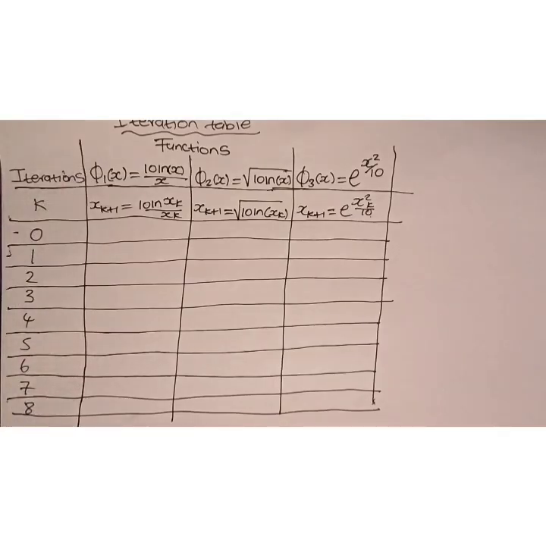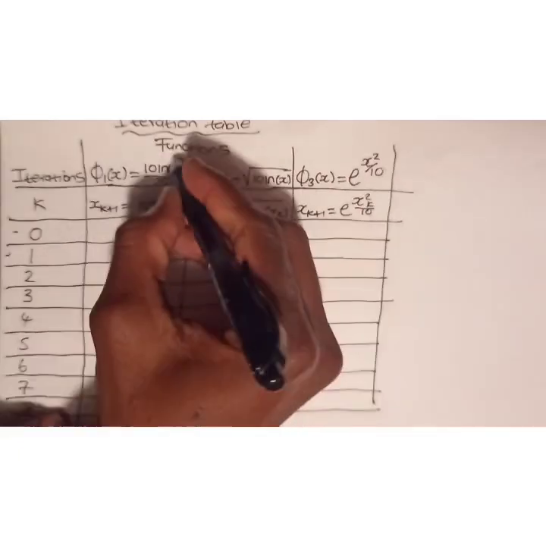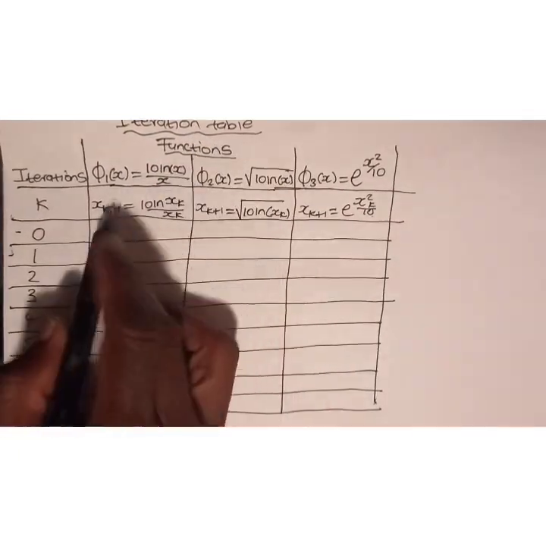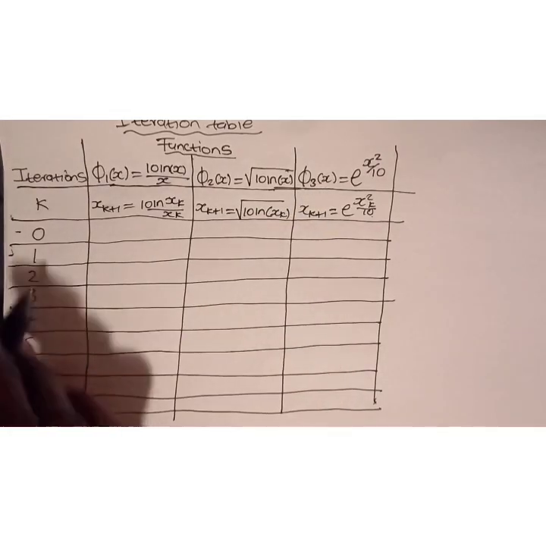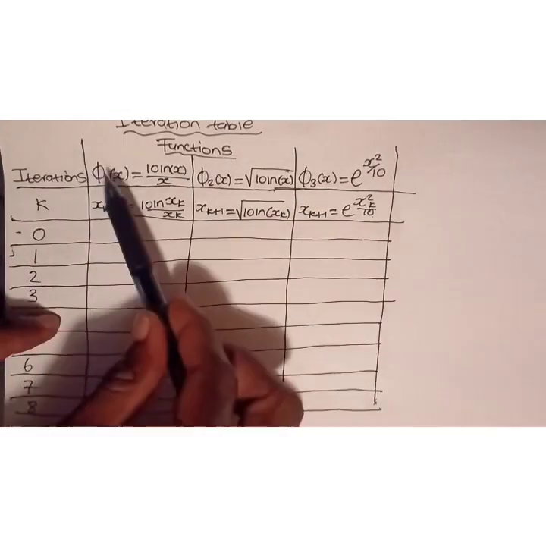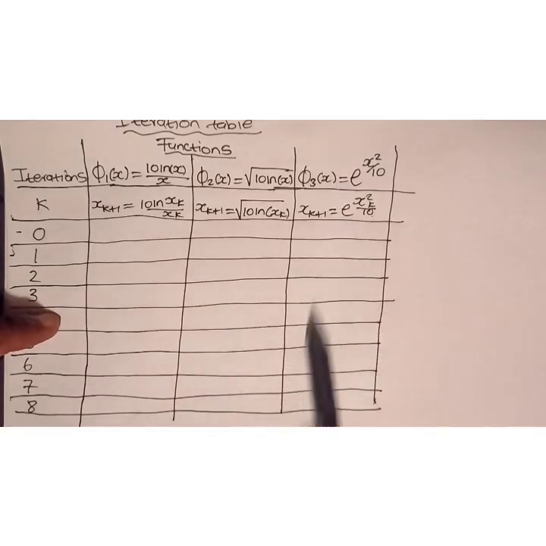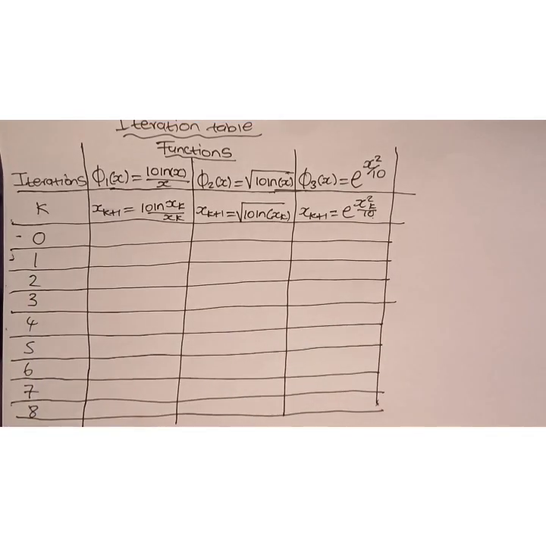Considering the iteration table, we consider our functions phi 1, phi 2, and phi 3. Here we're going to find the roots for each. These are my iterations. It will depend on how many iterations, and on the initial guess.